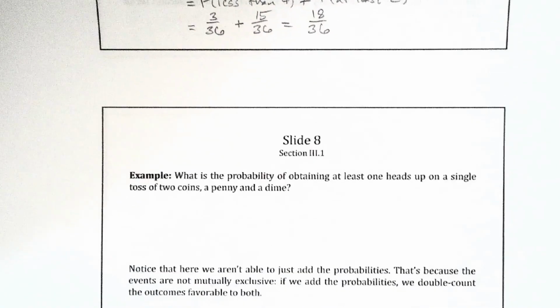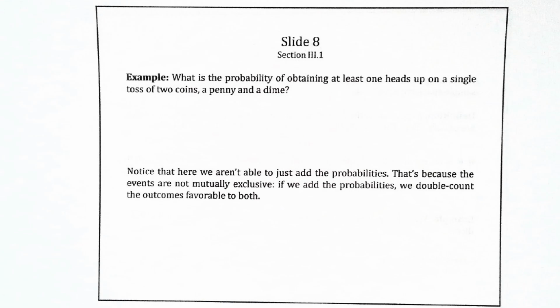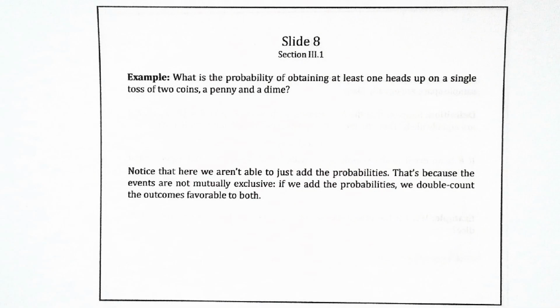Okay, so let's try another one. What's the probability of obtaining at least one heads up on a single toss of 2 coins, a penny and a dime? Well, there are several ways of looking at this. We're talking about one heads up on a single toss of 2 coins.